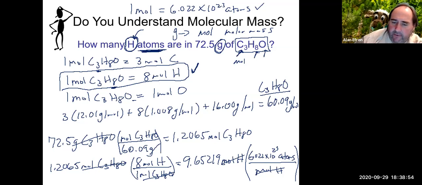I'm going to run out of room there, so I'm going to multiply by 6.022 times 10 to the 23, and I'll just put it right about here since I'm out of room at the bottom. We end up with 5.81 times 10 to the 24 atoms of hydrogen.